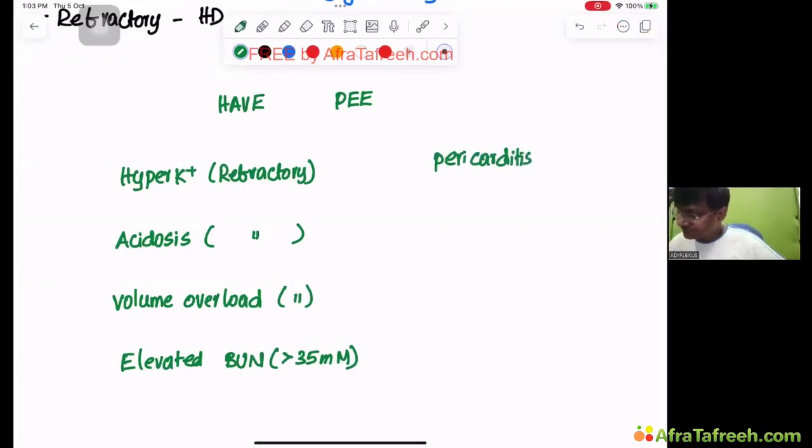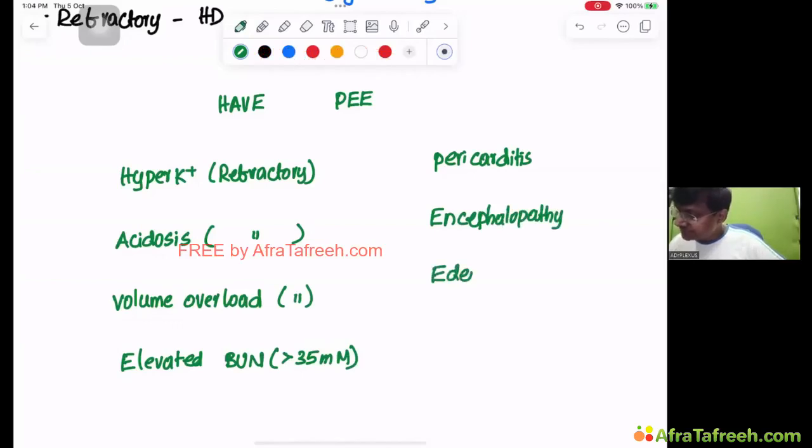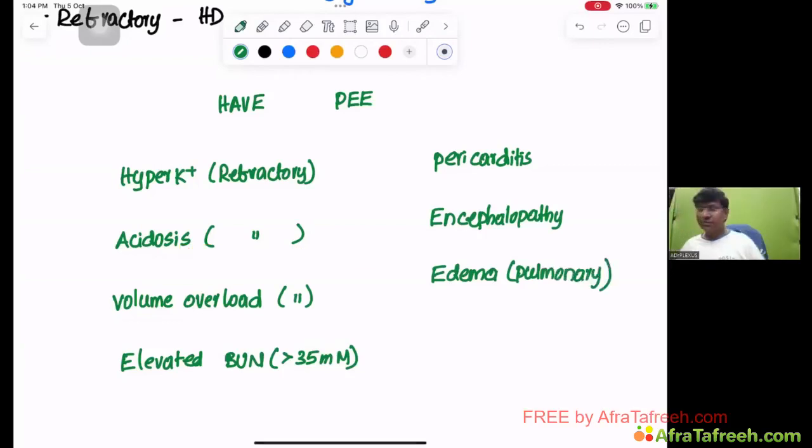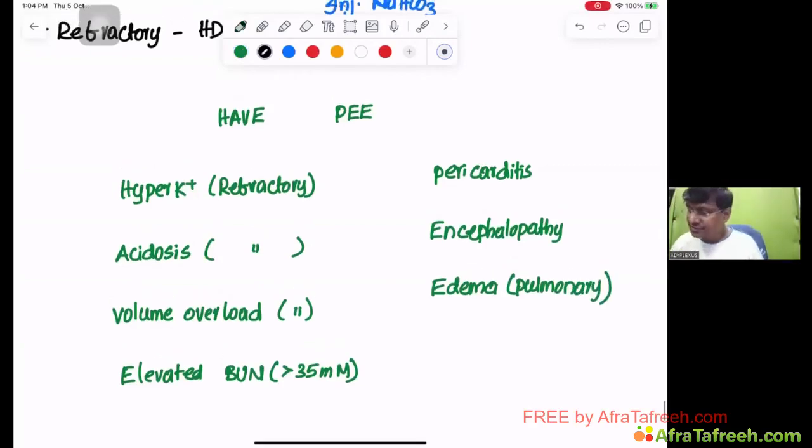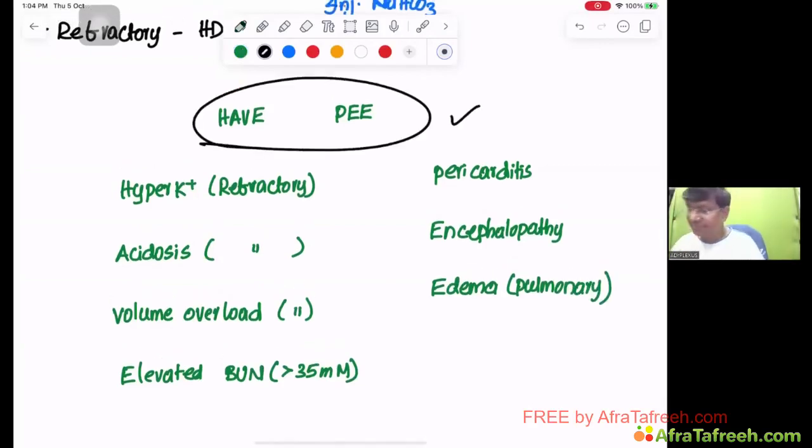E stands for encephalopathy. And another E is edema, that is pulmonary edema. Okay. So this is your HAVE P.